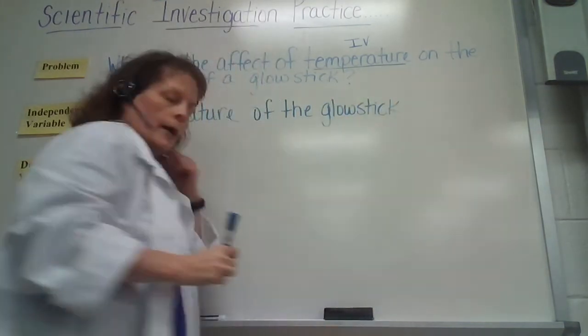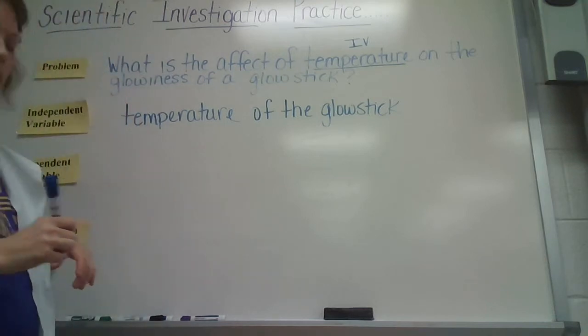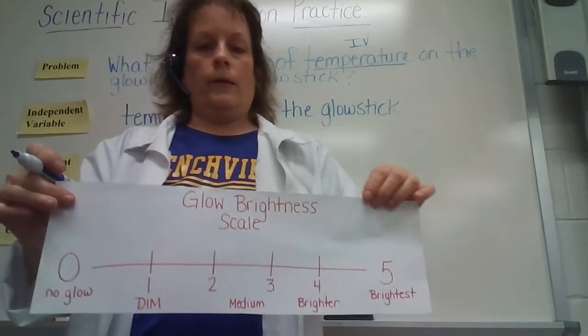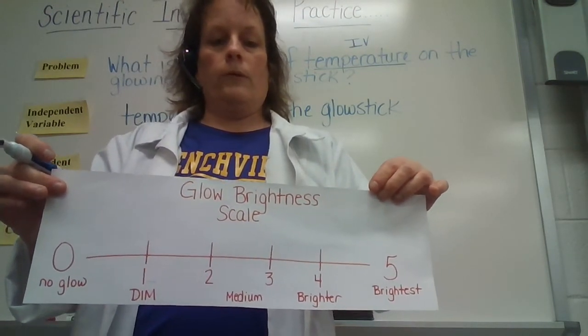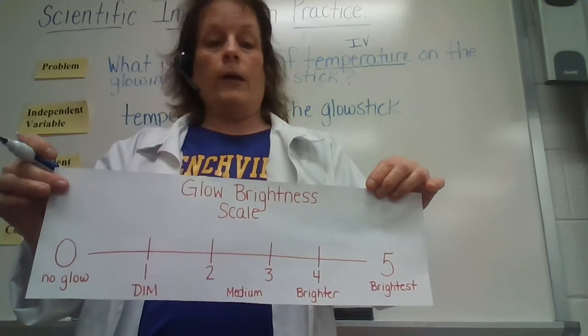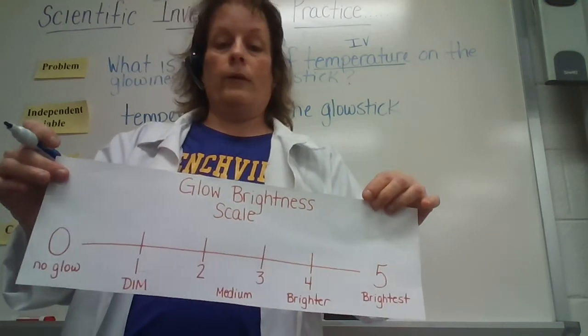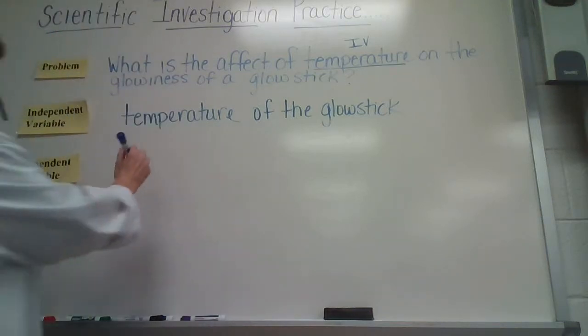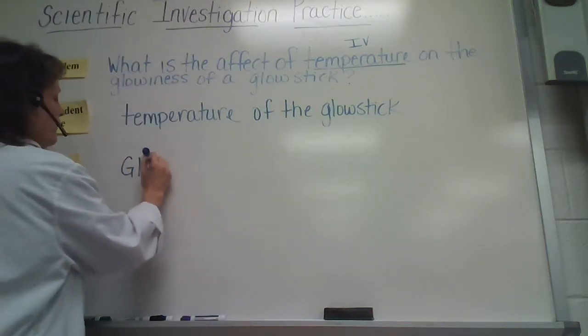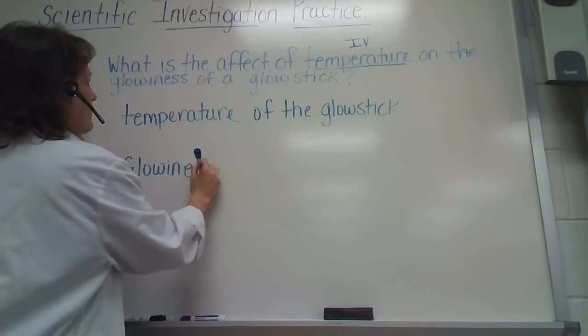Okay. We let it sit in there for 5 minutes, and remember, the way we were quantifying this is we used our handy-dandy little glow brightness scale. So you would record a number as to whether there was no glow at all, which one was the brightest, which one was the dimmest, things like that. So you would have to assign it a number. So basically, it's our glowiness.